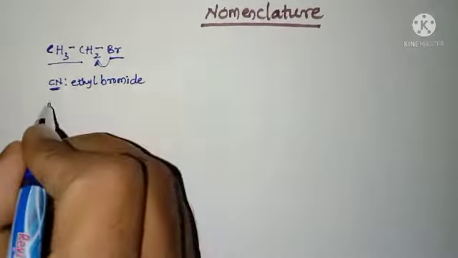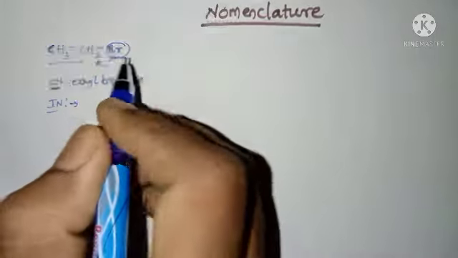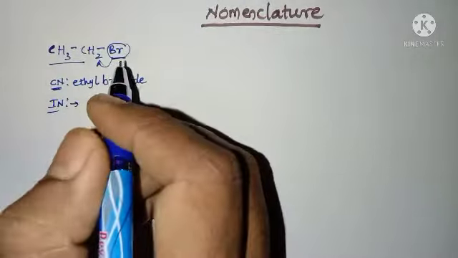And the IUPAC name of this compound: first we have to name the halogen atom, followed by the corresponding alkane. So the IUPAC name of this compound becomes bromoethane. So this is the common name and IUPAC name of this compound.